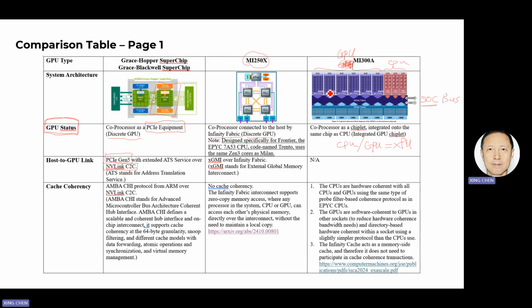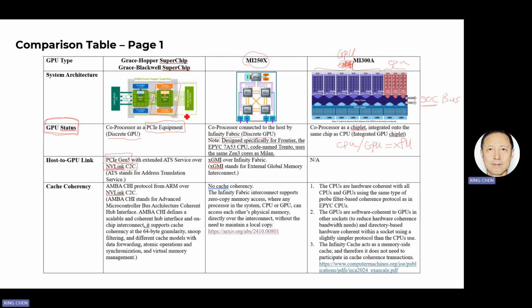It's like a kind of discrete MI300A, and the same idea comes from AMD. Basically, AMD is taking this MI250X as the earlier generation of products for MI300A. So that's the reason I also put this MI250X in this comparison table.